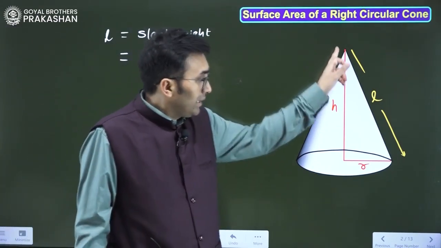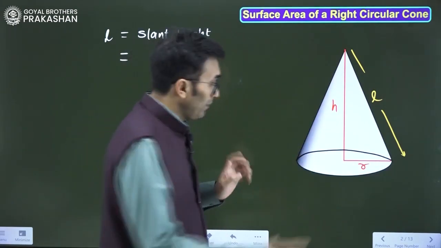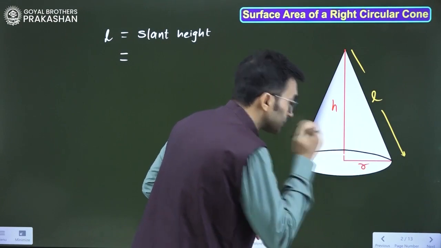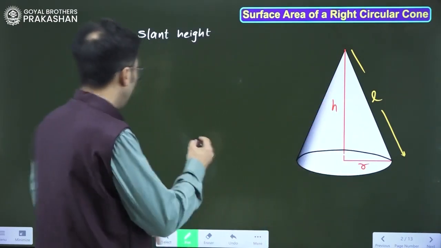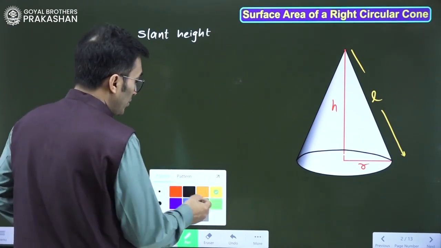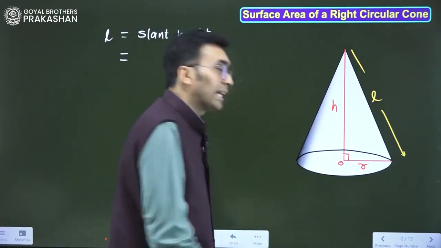See, it is forming a right angle triangle, because there is a 90 degree angle at this point O.